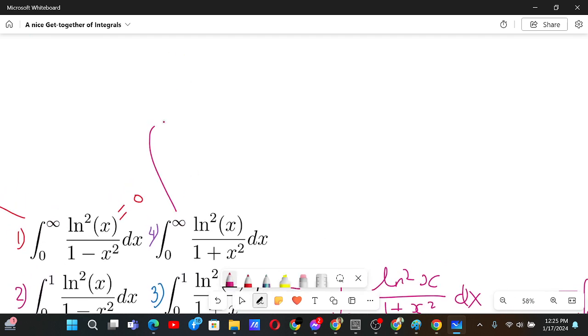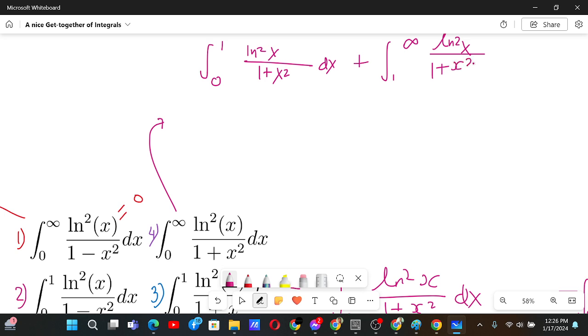Okay, so this integral over here can be written as the sum of two integrals. x square dx and integral from 1 to infinity. And you can find out that these two integrals are actually equal. So let me show you that this is actually equal to this integral.